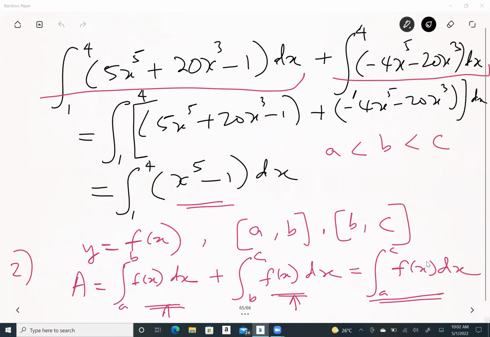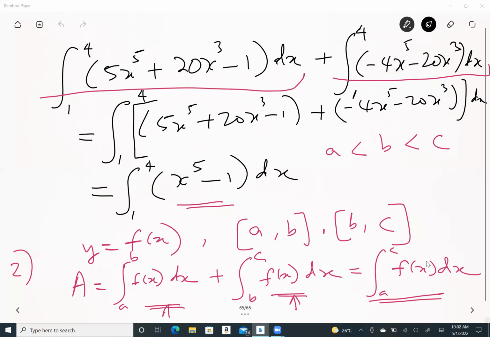So we move to 13.3, just an extension of what we are doing now. We are going to do the integral between two curves. So you have two curves. How can we find the integration that would be bordered by the two different curves?